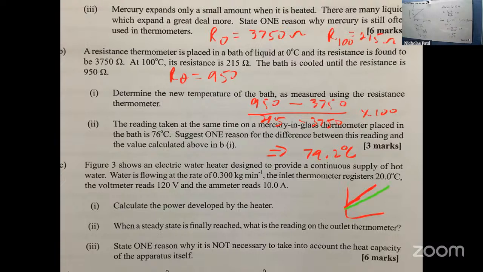Next, take a look at one new quantity, and I also want to go over things that we did in Form 5, like heat capacity and latent heat. That's also coming up in this.